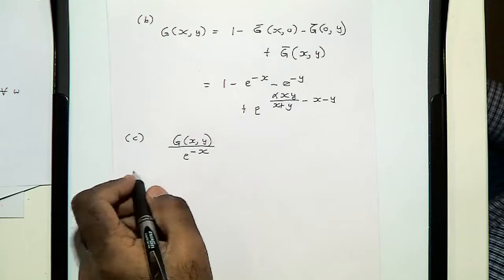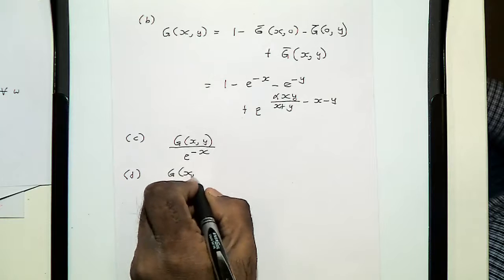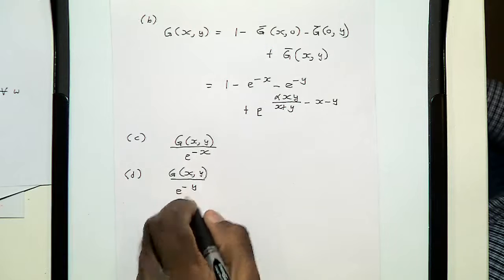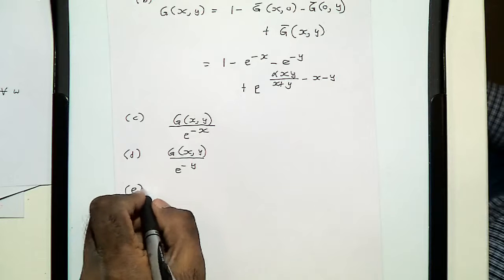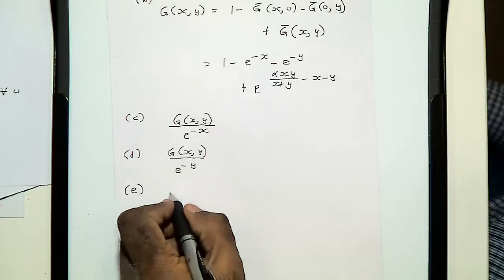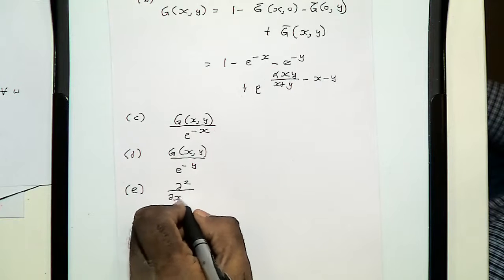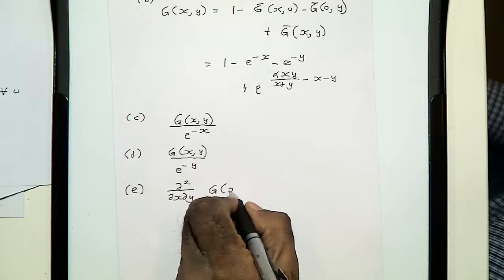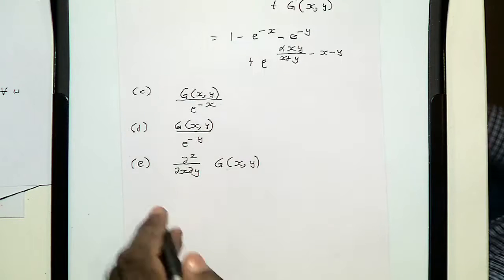That's part C. Part D is the same thing, but you divide by the PDF of y, which is this. And part E is the joint PDF. To find the joint PDF, you just do a double partial derivative of the joint CDF, right?